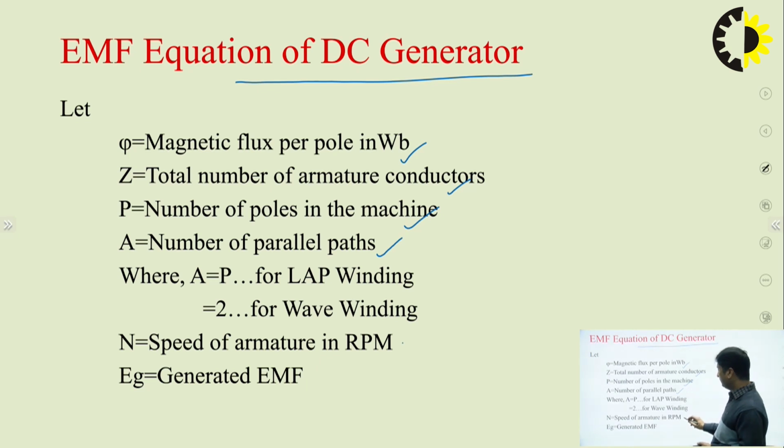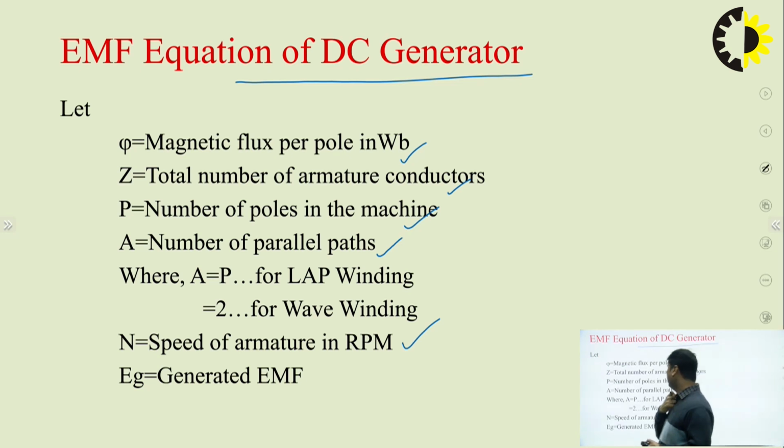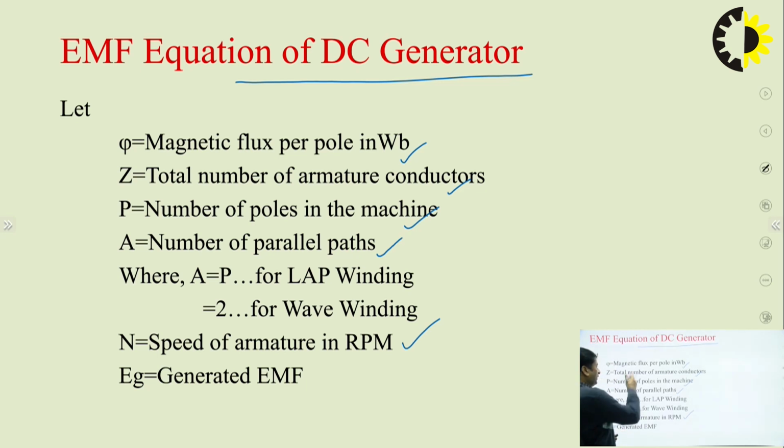N is the speed. Suppose the armature is rotating with a speed of N rpm, and suppose the generated EMF is E. To derive this, let us assume that phi is the flux per pole in Weber.